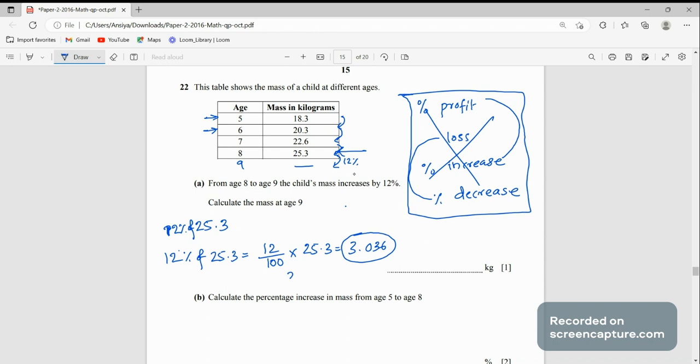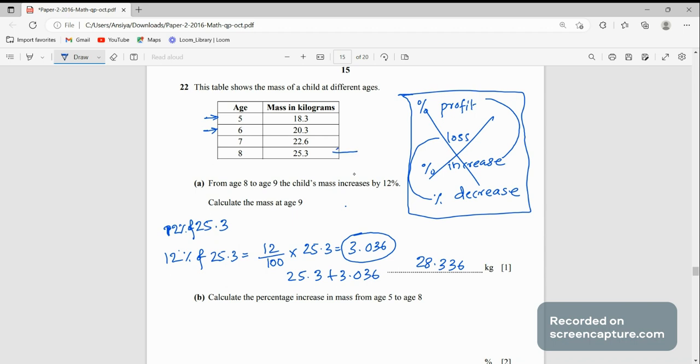First it was 25.3 at the age of 8, then this much weight increased. You can add them to see what is the weight now, which is 28.336. Okay, if I confused you in the beginning, I'm sorry. That is also a way, that is the real equation, but there is an easy way. That's why I changed the method. What is given?